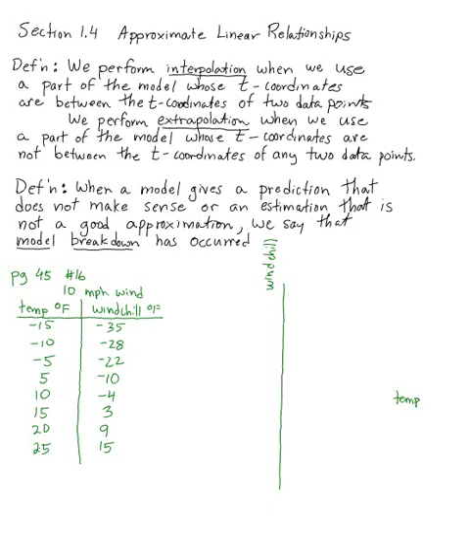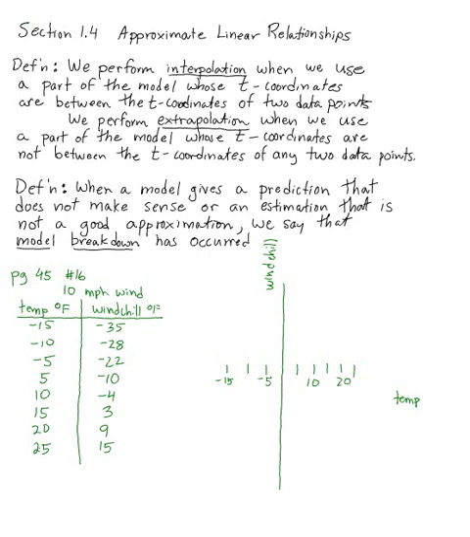Looks like going by 5s will work nicely on my x-axis. 5, 10, 15, 20, 25, and I also need some negatives. Negative 5, negative 10, negative 15. And as usual, you don't have to label all of them, just enough so we know what's going on.